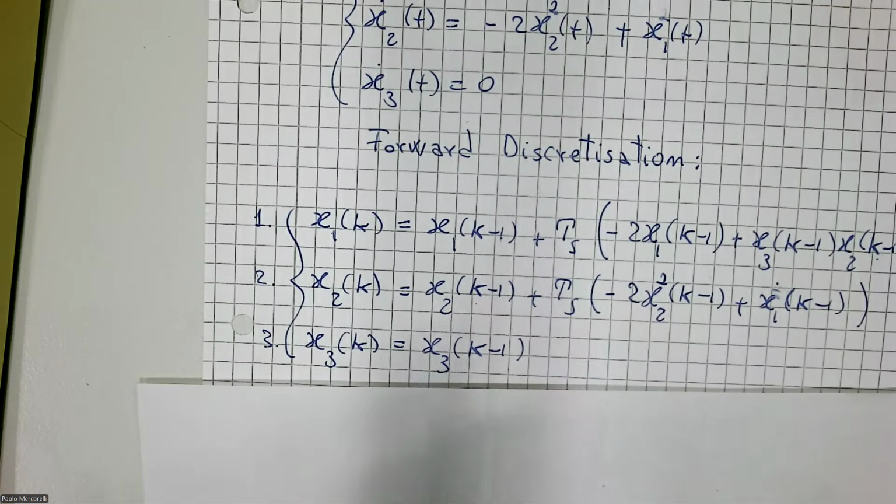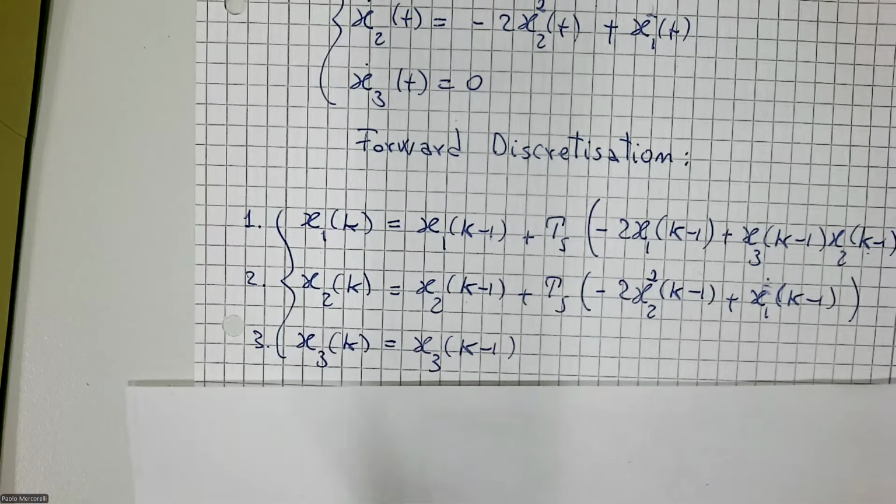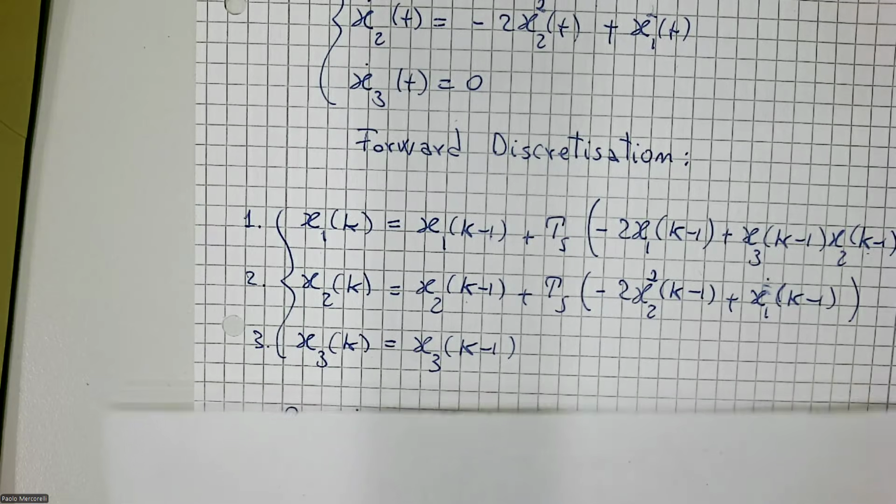Here is forward, which is the most used, but in particular cases not the best discretization. It depends on the system. Do you remember I told you, in stiff systems in which we have at least two dynamics, one fast and one slow, of course, the way to approximate, the choice of Ts, could be a critical one. I don't have time to add something more about that.